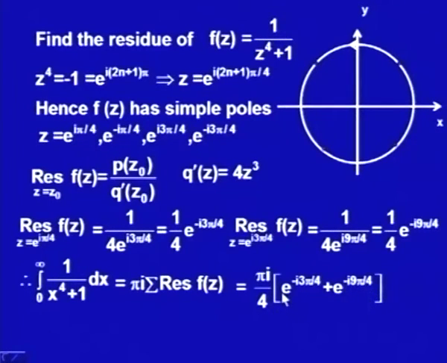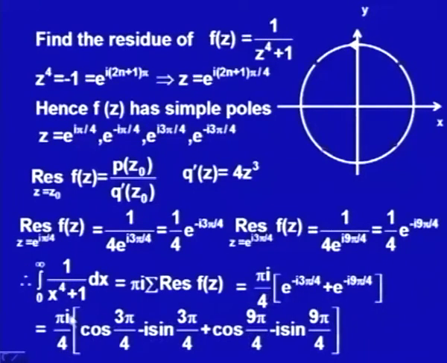Now, we are going to use Euler's formula, e to the power i theta is cos theta plus i sin theta. What it says is that we could write this as cos 3 pi by 4 minus i sin 3 pi by 4 plus cos 9 pi by 4 minus i sin 9 pi by 4.